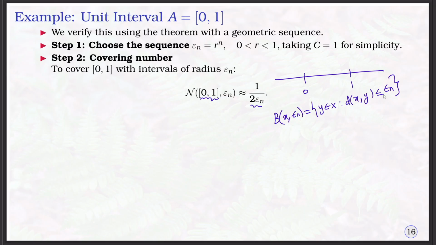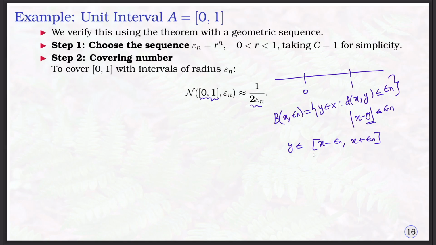Now the metric is the modulus, so |x minus y| must be less than or equal to epsilon n. Therefore y must lie between x minus epsilon n and x plus epsilon n, so all such y belong to this interval.